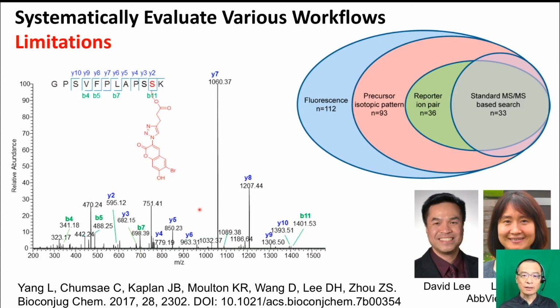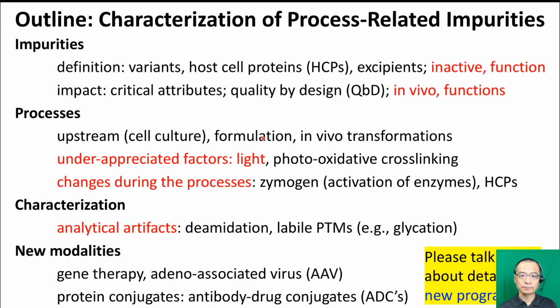So what we found is that using the typical workflow, we're able to detect certain modification events, but there's many more the standard workflow missed, right? So we're able to use isotope and fluorescence to see that. One example is actually a side reaction of acylation, which normally won't be detected by the typical workflow. So this calls for us to really be alert to the analytical process and analytical artifacts.